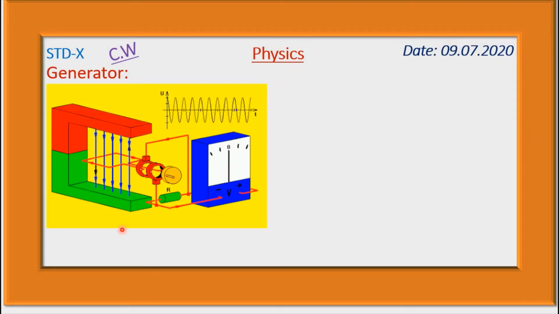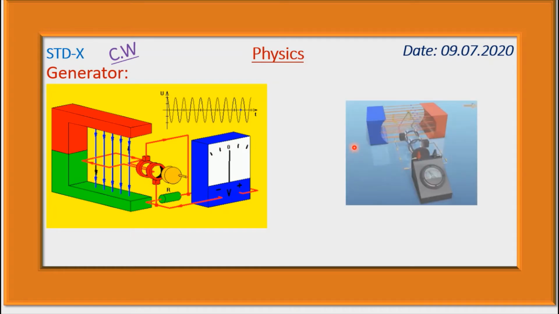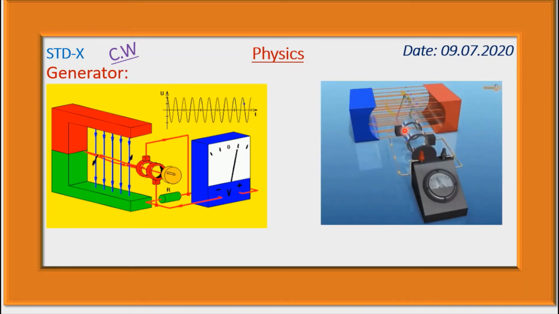Here a coil is rotating inside this magnetic field. Therefore, an induced electromotive force or induced current is produced here. Here also the coil is rotating inside the magnetic field and induced current is produced through this coil.